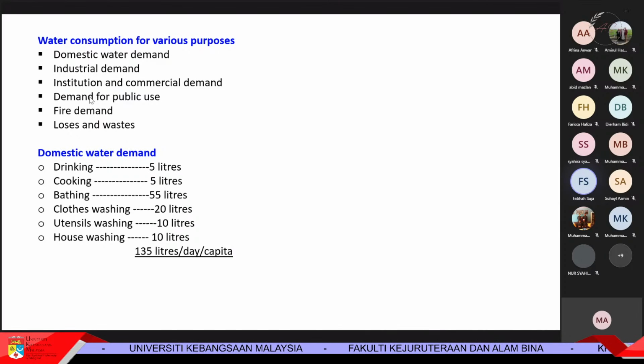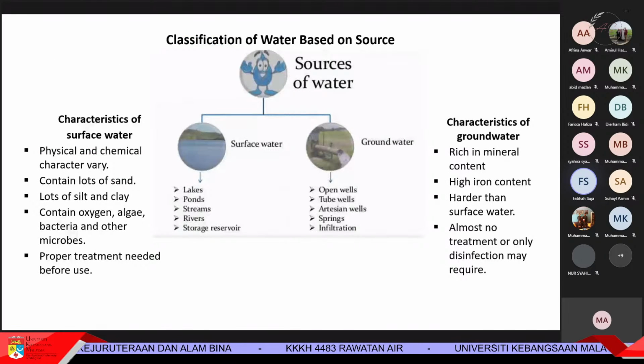Okay, classification of water based on source. Usually when you talk about sources of water for your water supply, you will talk about surface water and groundwater.